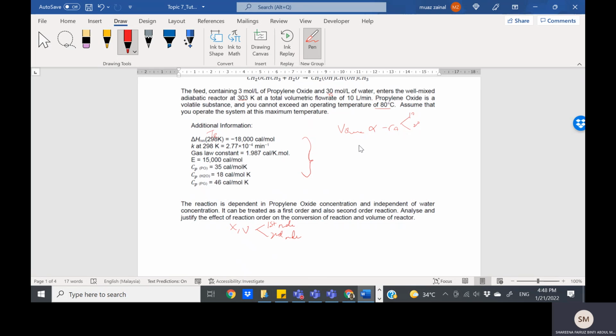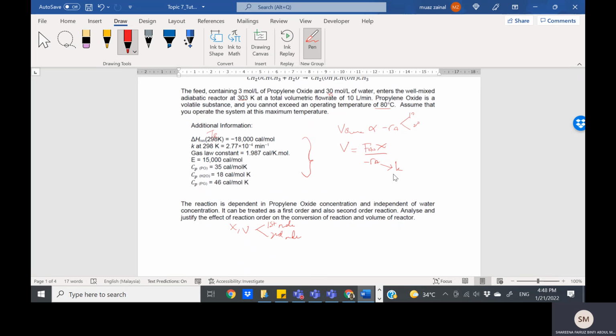So look back at the general equation for VCSTR, which is FA naught X over negative rA. Usually this negative rA will relate with the K value.